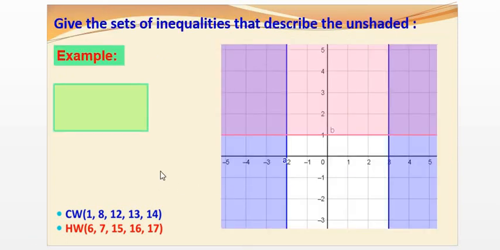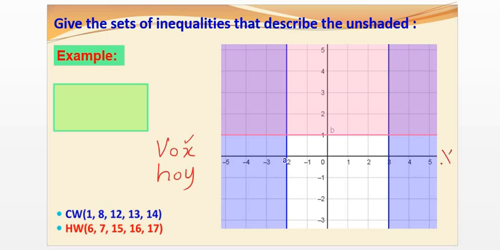Now the next step is, if you have a diagram given and some of the regions are shaded in that diagram, some are unshaded, how can we describe the inequalities for such cases? Okay, again we have to follow the same rules. Like we will look for x and we will look for y. When I say x, it means look at the x-axis.